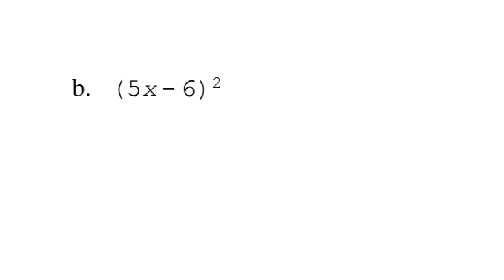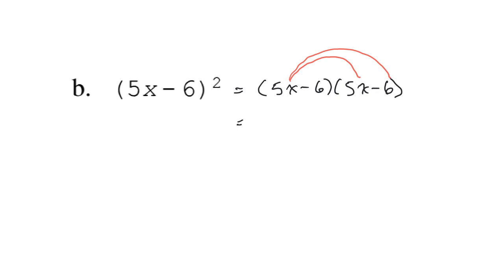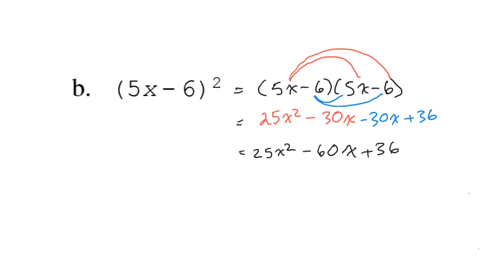So remember, with this one, we're literally going to just repeat it. 5x minus 6, 5x minus 6, and then we expand like we normally do. 5x times everything in the second bracket gives us 5x squared minus 30x, and now negative 6 times everything in the second bracket gives us, you're still going to get the minus 30x in the middle, but 6 times 6 is 36, but it's two minuses, so you're going to get positive 36. So you end up with this final answer. 25x squared minus 60x plus 36.